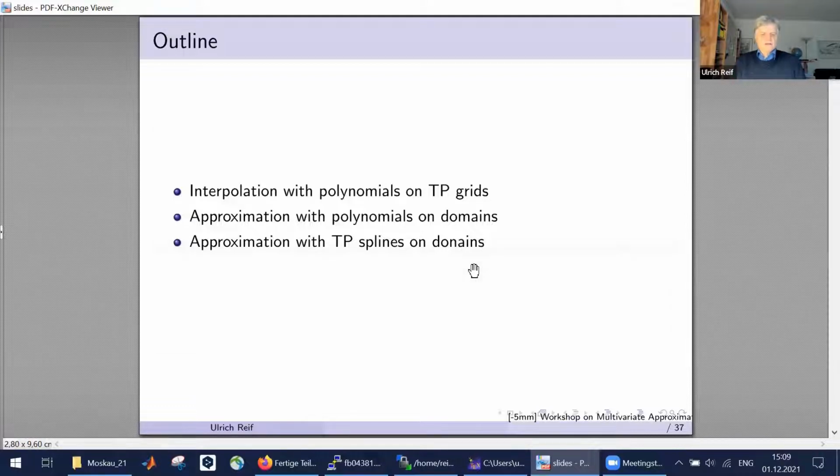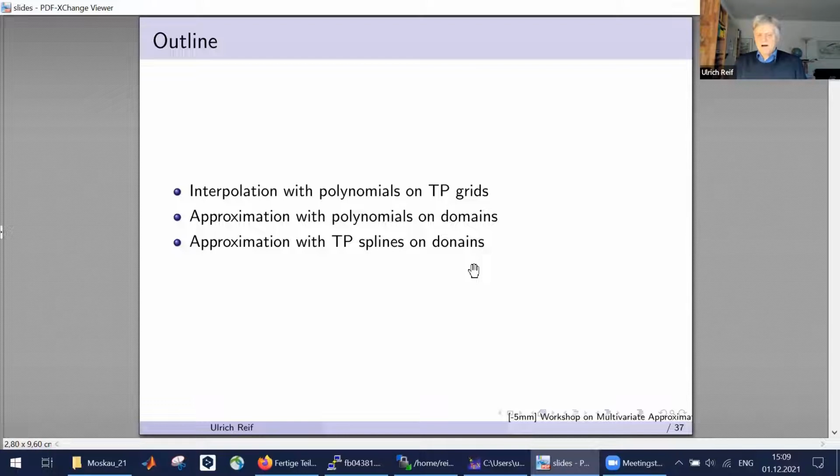Okay, here's the outline of my talk. In the first part, I will comment on a very, very basic problem, the interpolation of functions based on a tensor product grid of interpolation nodes, and as interpolation space we use tensor product polynomials.